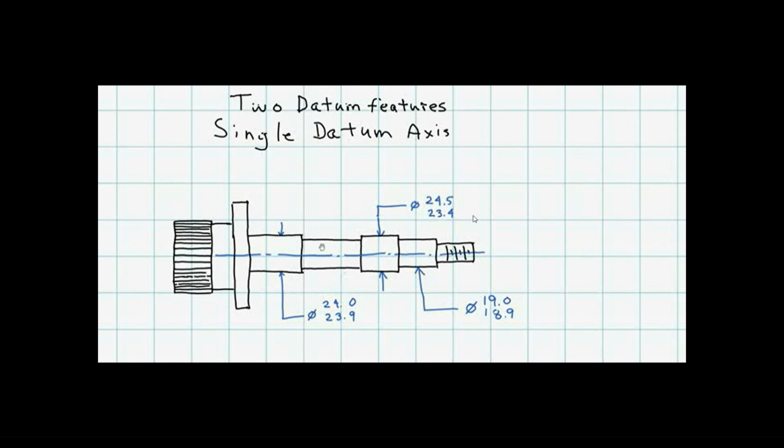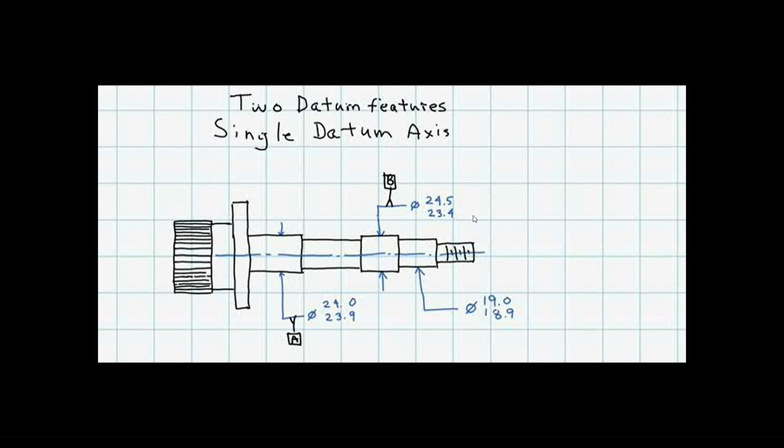Since we know that these two diameters are those datum features which we mate to, those are going to become our datums. So let's go ahead and identify those, and the way that I'm going to do this is simply attach my datum symbology to my size dimension, and I'm going to call this feature on the right side of the part datum B.